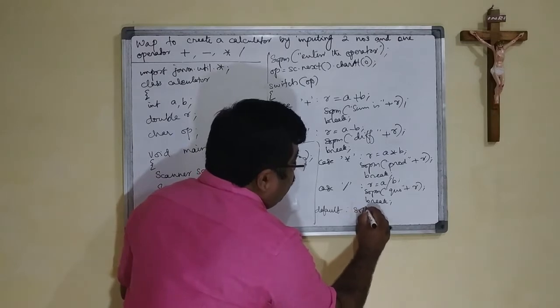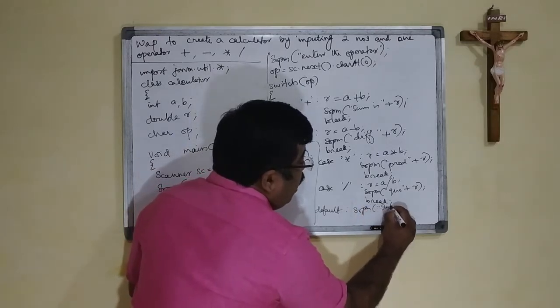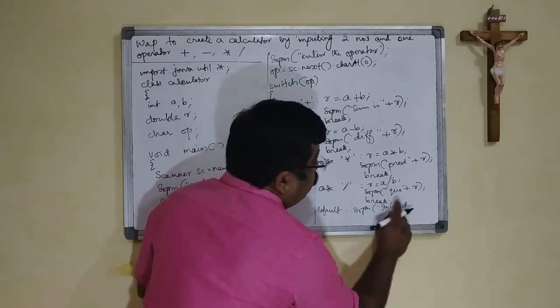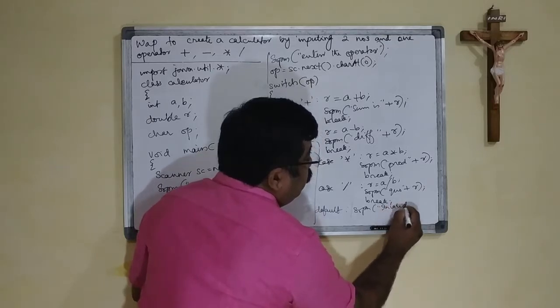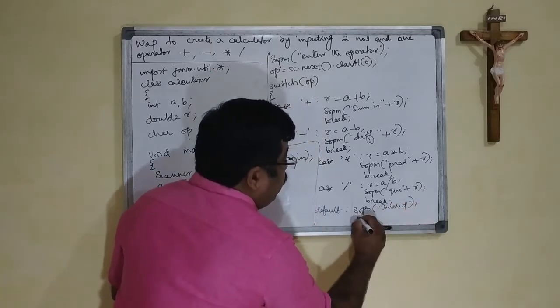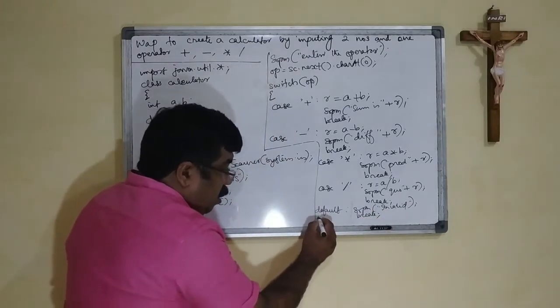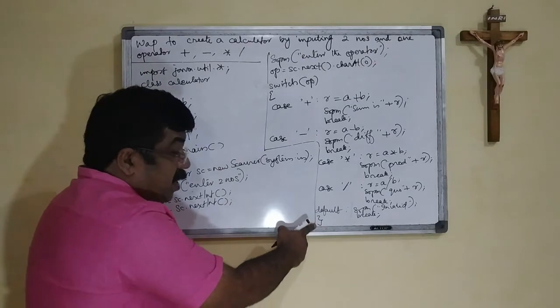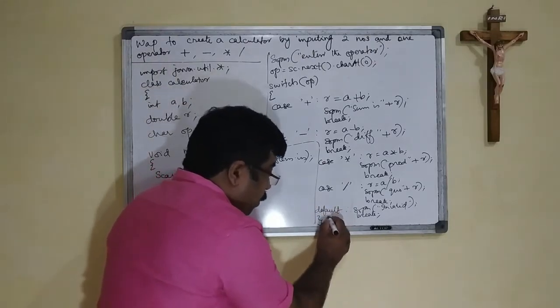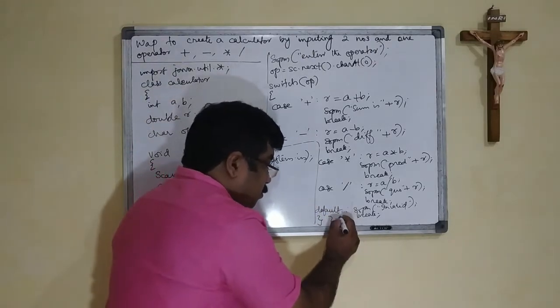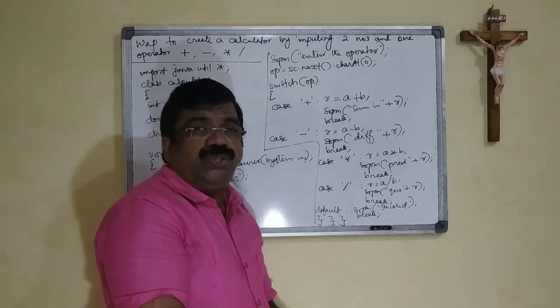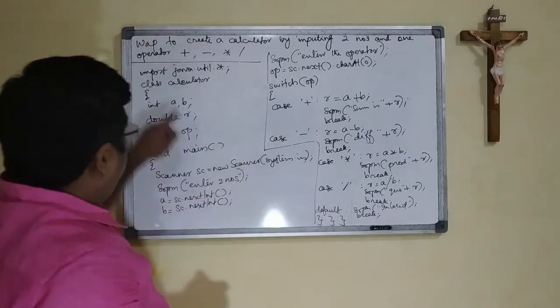We will give SOPLN invalid operator. Break. As I said, break is not necessary there. Switch is closed. Main is closed. Class is closed.